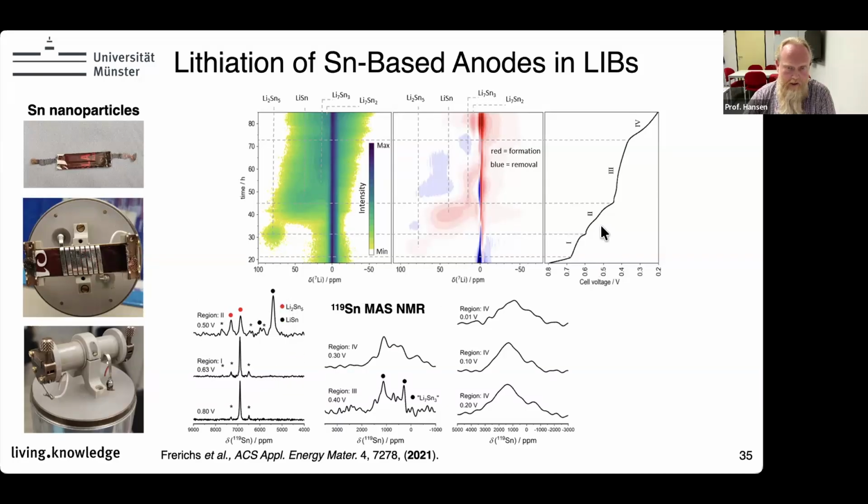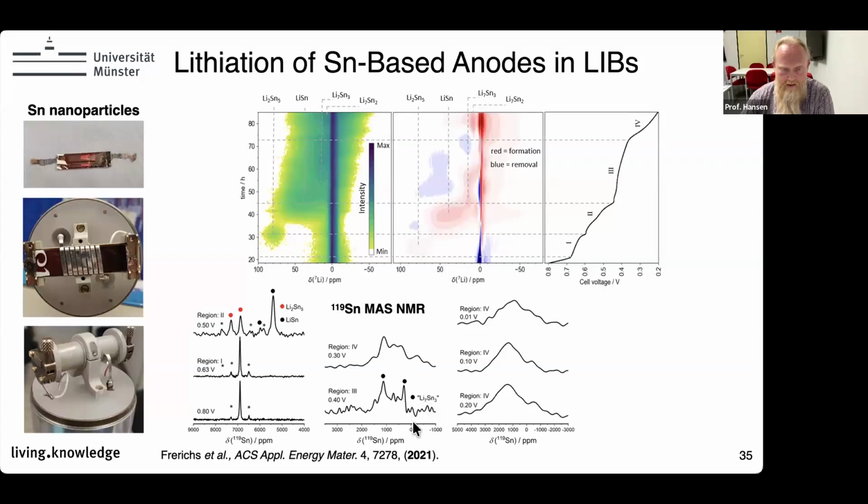As you can see in region 2, compared to up here, the lithium-2 tin-5 phase is forming. And then going to higher voltages, you only see the one phase here. If you go to lower voltages, this suddenly gets much more complicated.